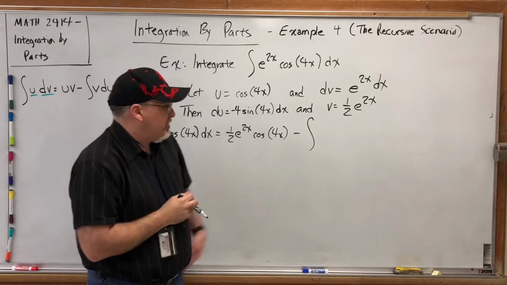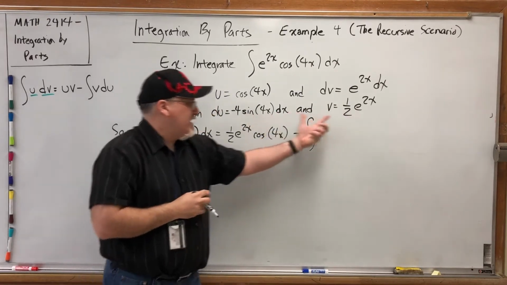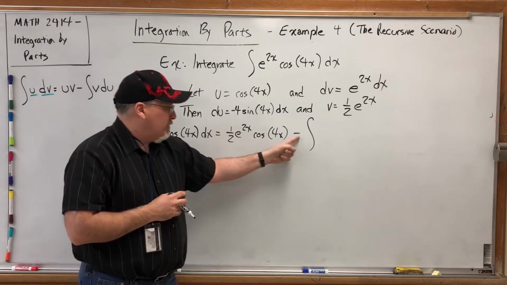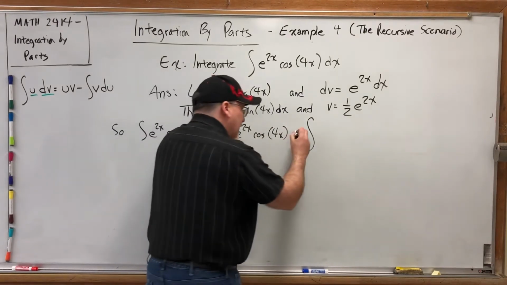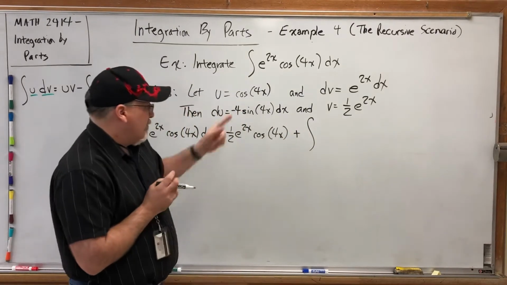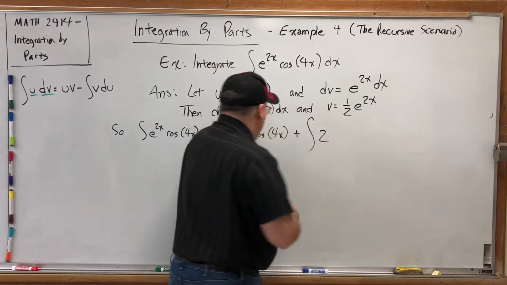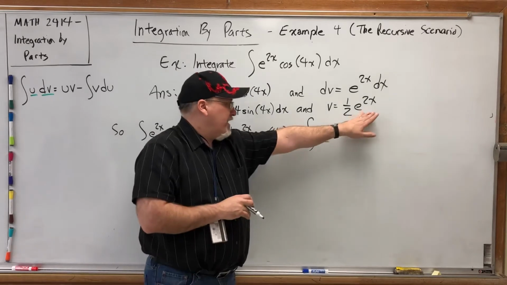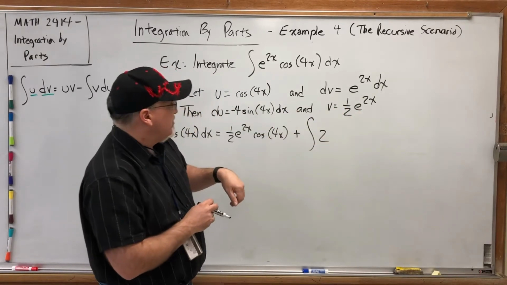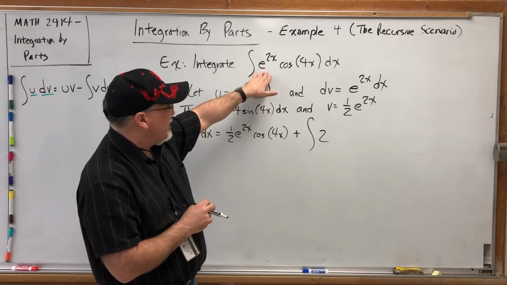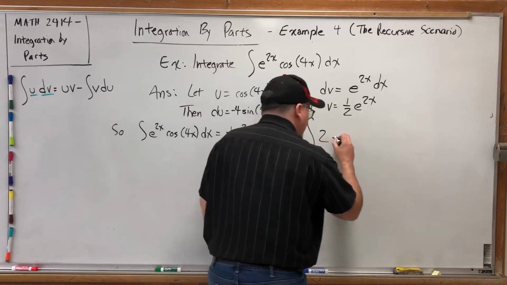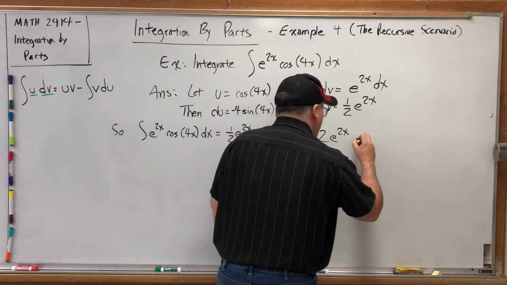Well, let's be efficient. When I multiply these together, they'll be negative, but we'd be subtracting a negative, so it's going to become positive. If we multiply these together, the 4 times 1/2 makes a 2. And again, we have an exponential and a trig function, and since the precedent was established to put the exponential in front, let's stick with it. e to the 2x sine of 4x.